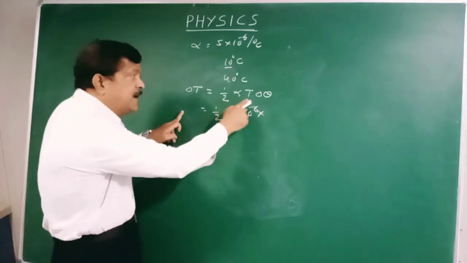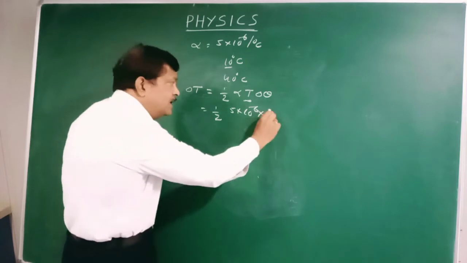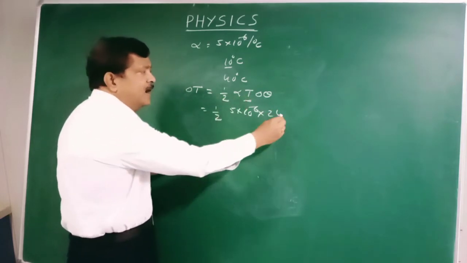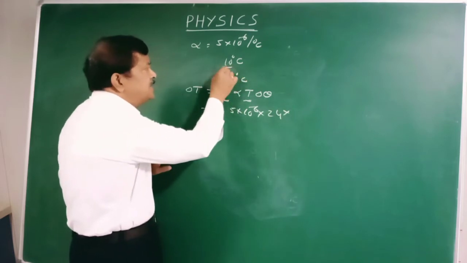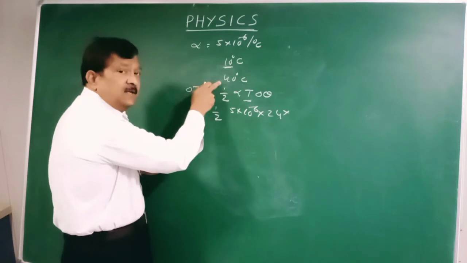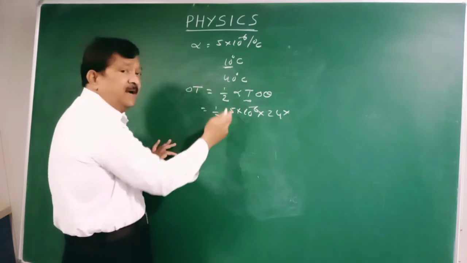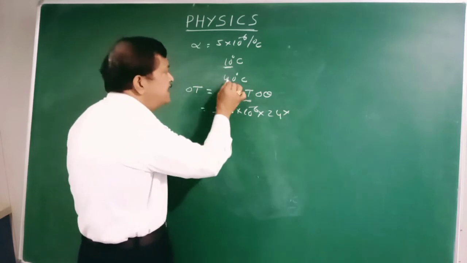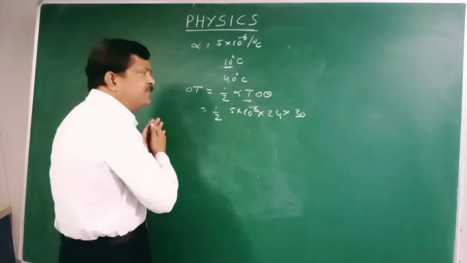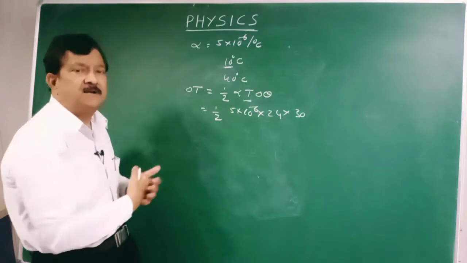So take this time also in hours, that is, take the time as 24 hours because it is a day. The change in temperature: initially it shows correct time at 10 degrees, and now we are using it at a temperature of 40 degrees. So the change in temperature is 40 minus 10, which is 30 degrees centigrade. If you multiply all these factors, you will get the answer.